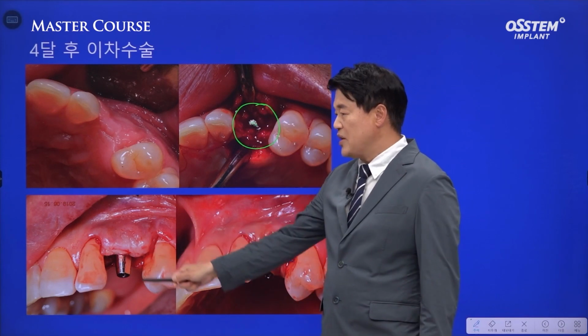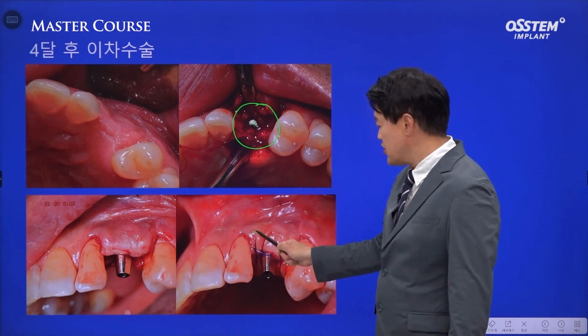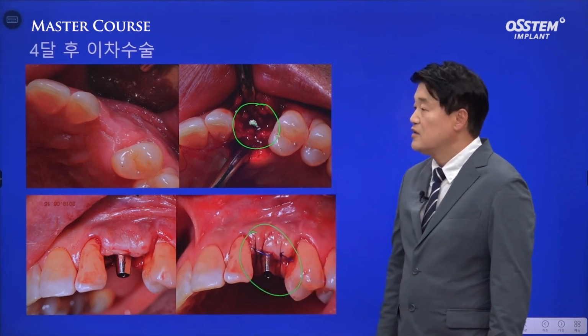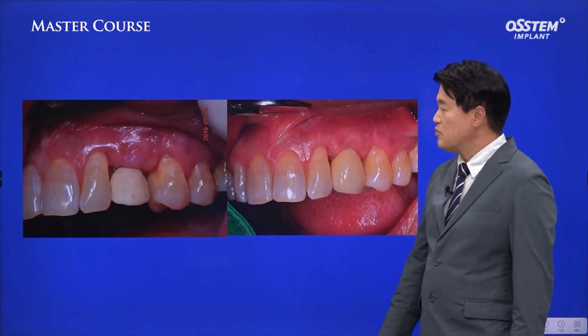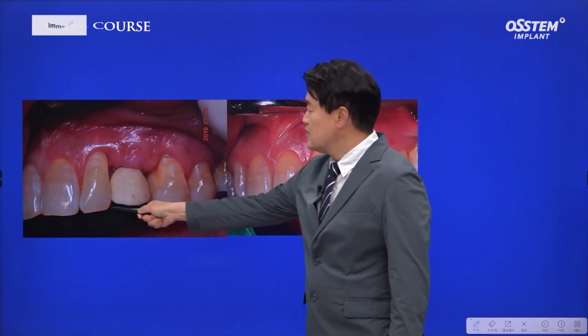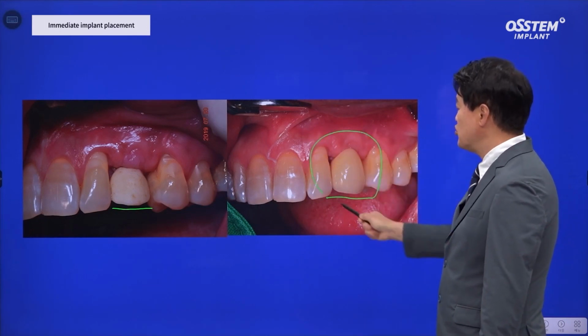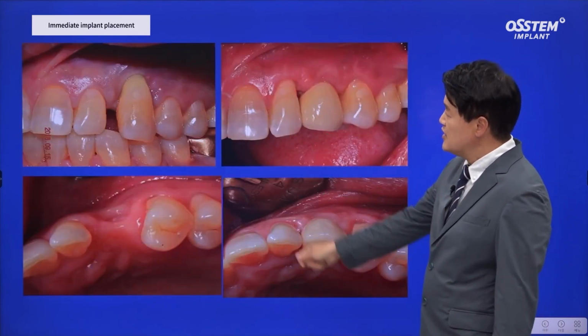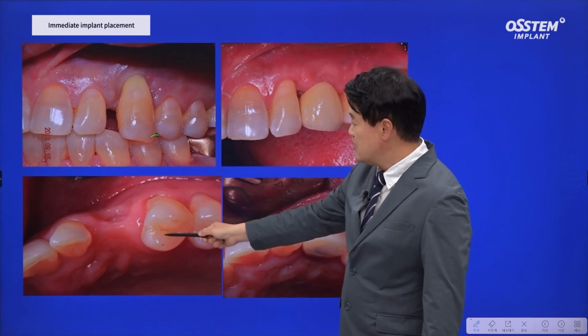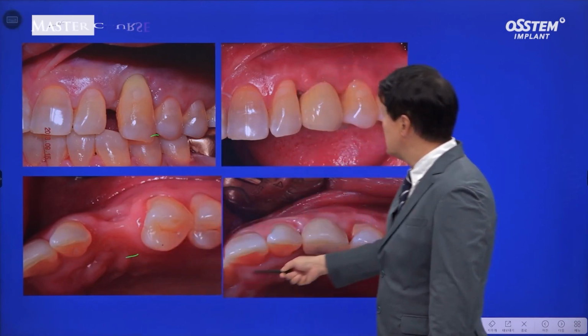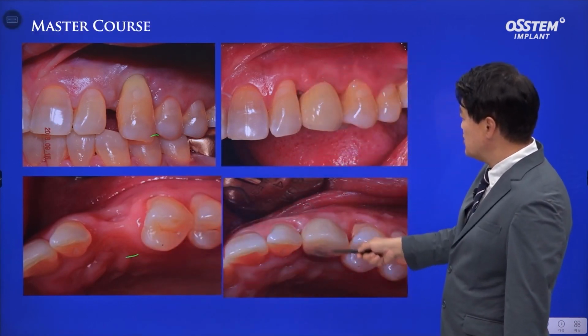Abutment was connected and a temporary provisional was fabricated and suture was done. This is the image of provisional and this is the image of final prosthesis. This is before extraction and this is after extraction.